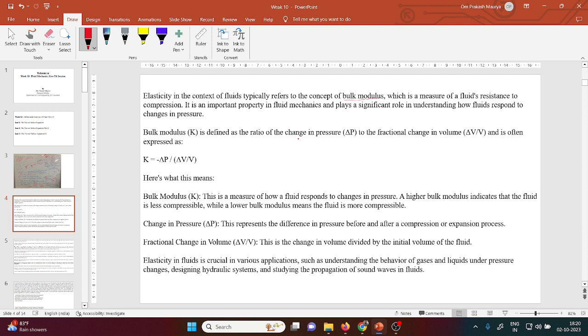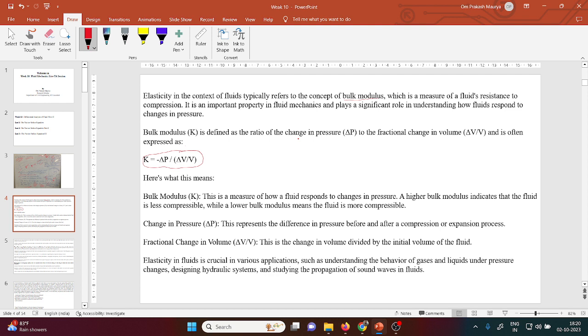In the context of fluid, typically elasticity means the bulk modulus. You know, the bulk modulus of elasticity is represented by this expression, and mathematically and quantitatively we represent these things. So what is bulk modulus? This is a measure of how a fluid responds to change in pressure.